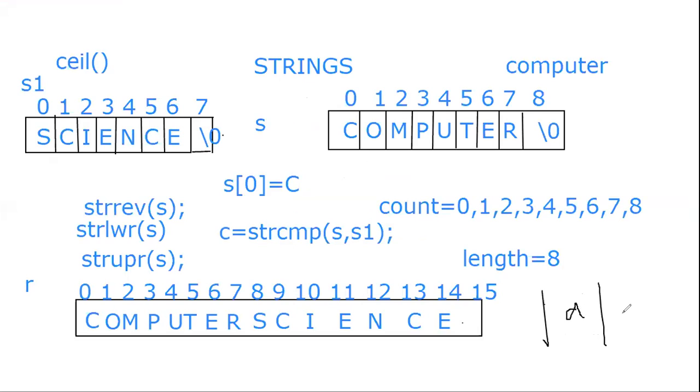So this is the absolute value. If A is minus 5, what will be the absolute of minus 5? 5, right? So it will just remove the negative sign. If it is a positive number, it remains positive. So that is the meaning of absolute. Exactly the same thing is done by the ABS function.